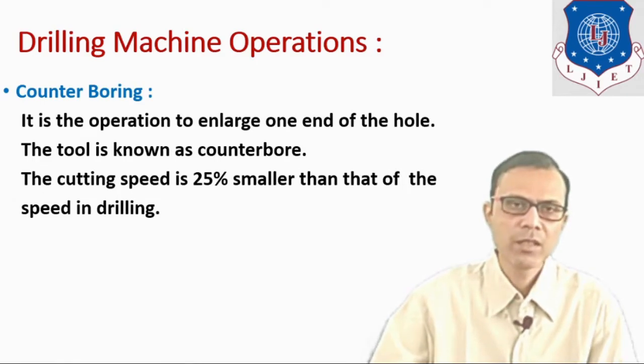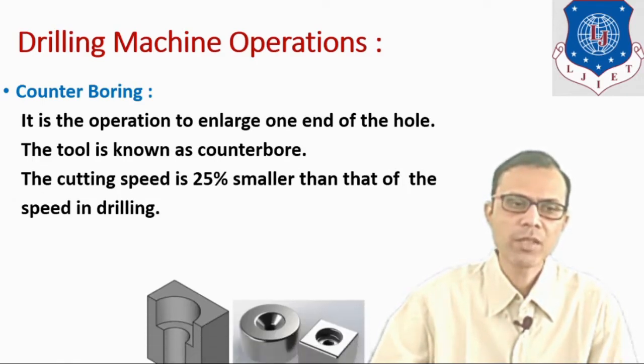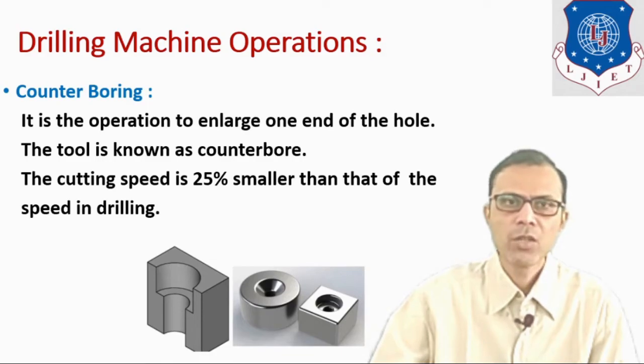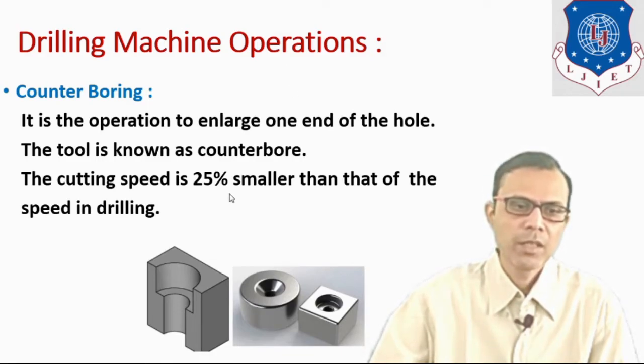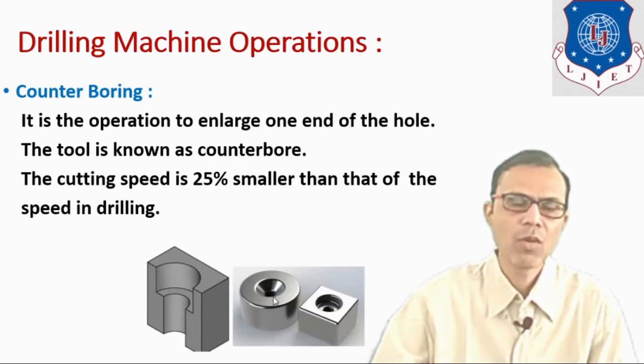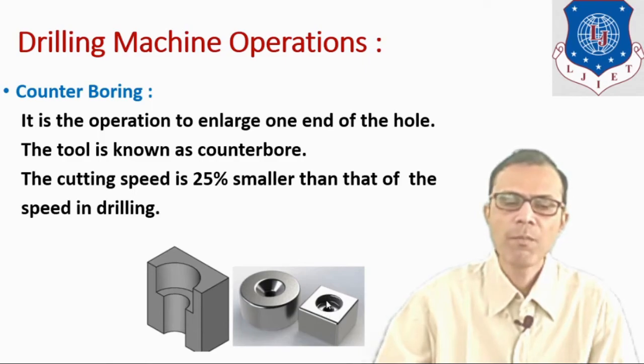The next operation is counter boring operation. It is the operation to enlarge one end of the hole. For example, here in the photographic view, you can see a previously drilled hole and we want to enlarge one end of this hole. In this view, you can see the top part of the hole is enlarged.